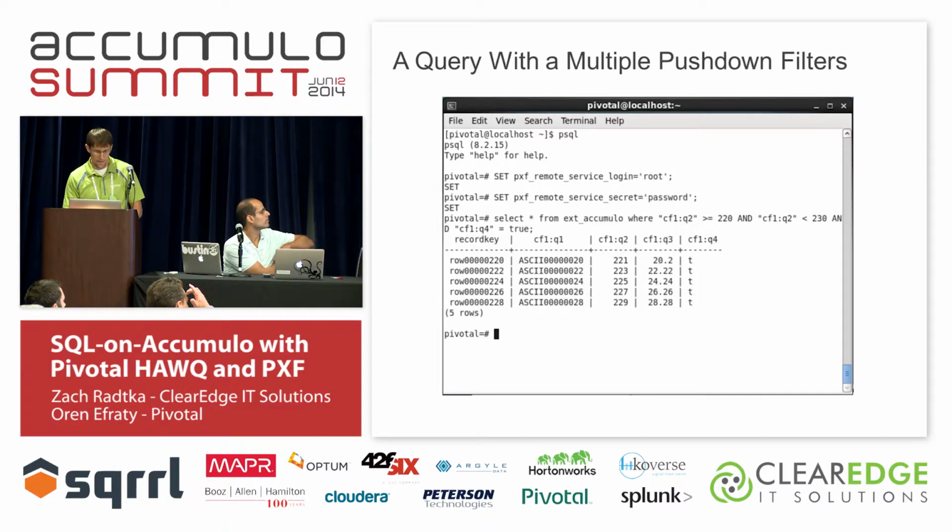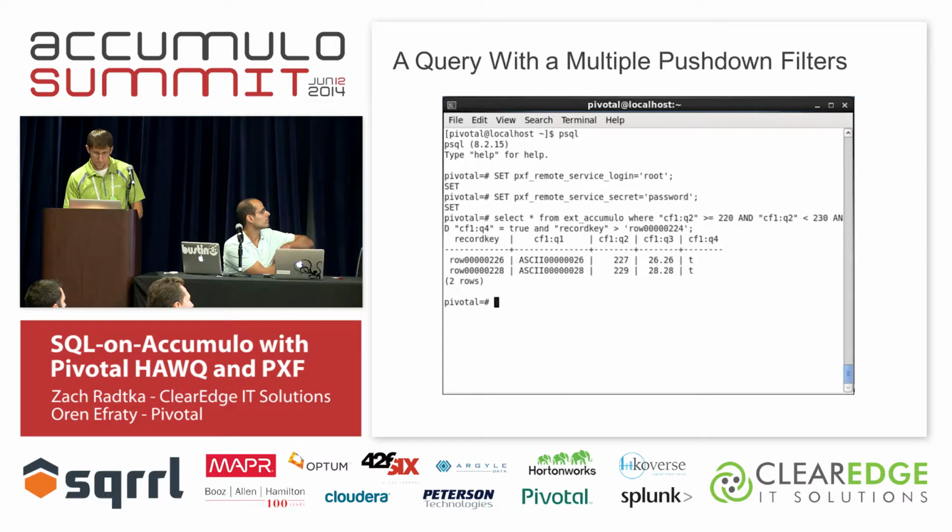If we run our next scan here and hit play, it actually restricts the entire range of our scan in Accumulo. I know you will not see this as a user, but internally it's making your query more efficient. So if you have pushdown filters and one of your conditions is restricting the record key, it'll actually restrict the range of your query, so it'll make your query run pretty fast.